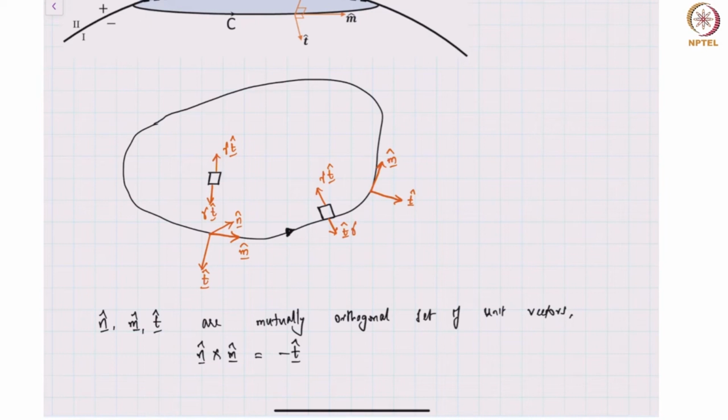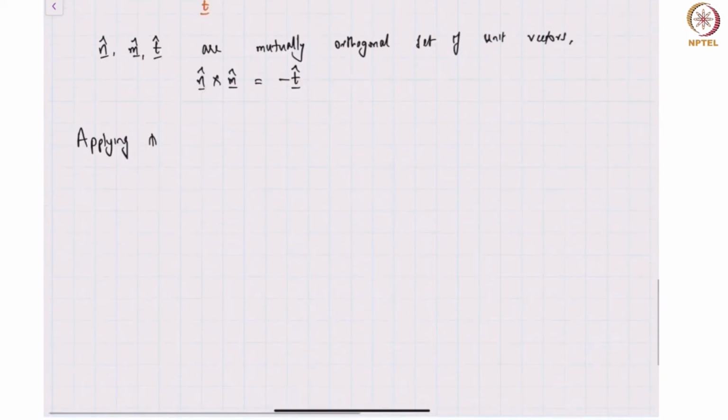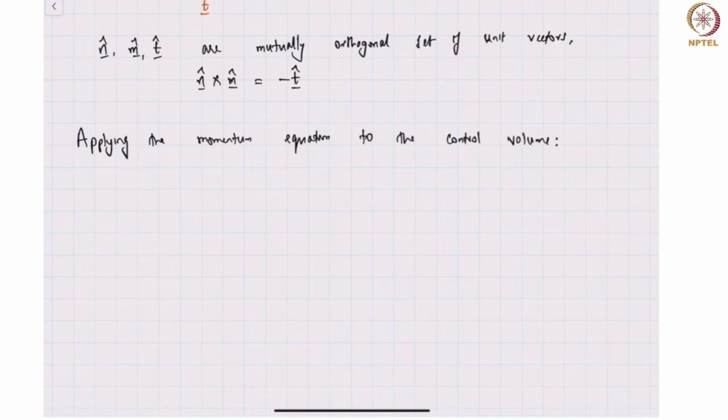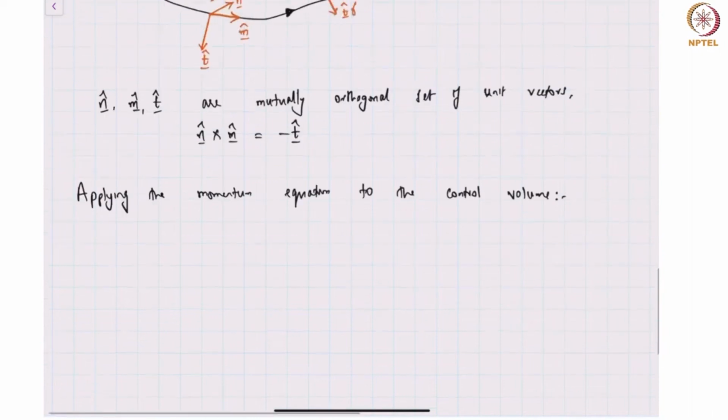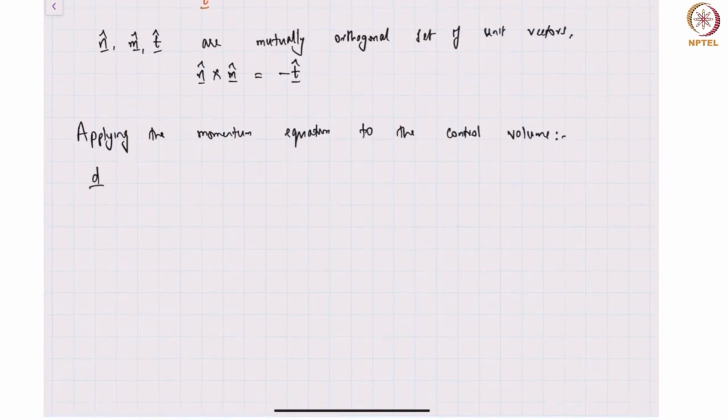Now we'll start by writing down the momentum equation for this control volume. This is something that we have done earlier, but now we have one additional force, which is the surface tension force gamma T. Let's quickly write that down, all the terms.